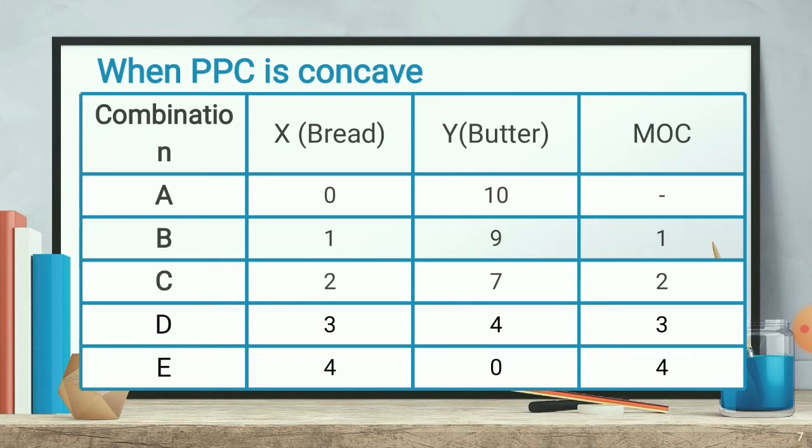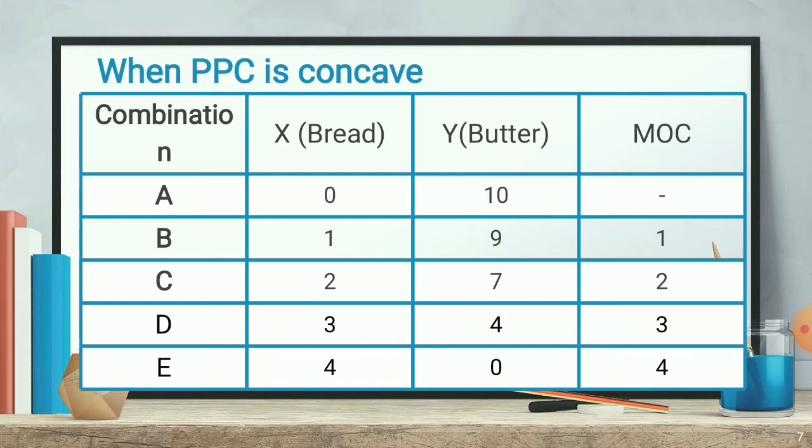Now we want to produce one unit of X. Previously it was 0, now we are going to produce 1. So what will happen? We will have to take resources from butter and employ them in the production of bread, then only it can be possible.